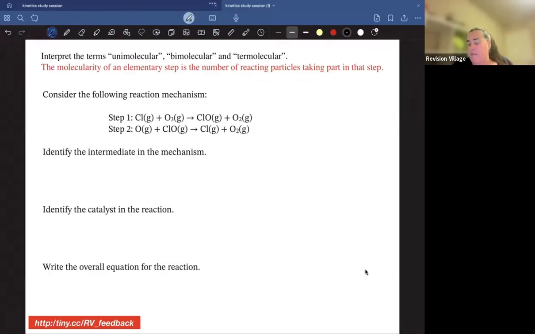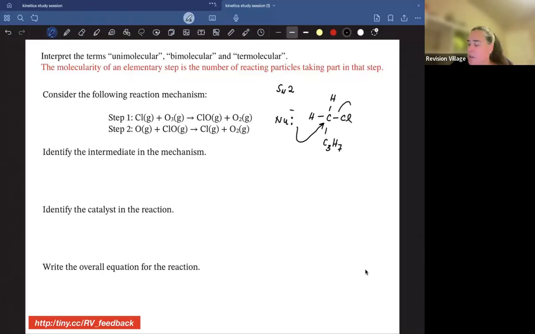So this idea of elementary steps or mechanisms comes up a lot in the organic unit, where we actually draw out with curly arrows the mechanistic steps. So if you're thinking about an SN2 reaction, you're going to show your nucleophile coming up to this primary halogenoalkane.